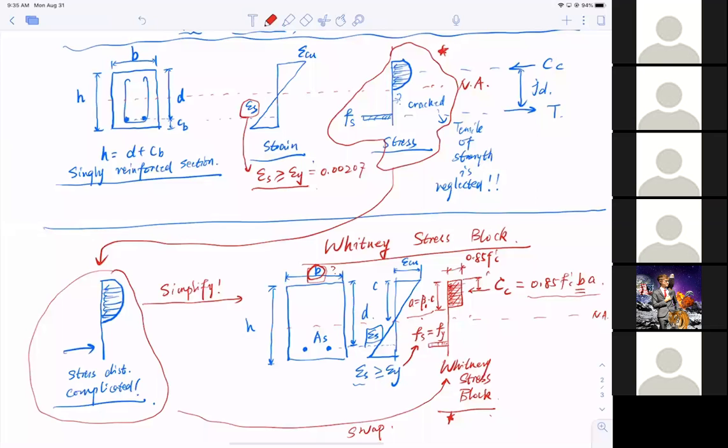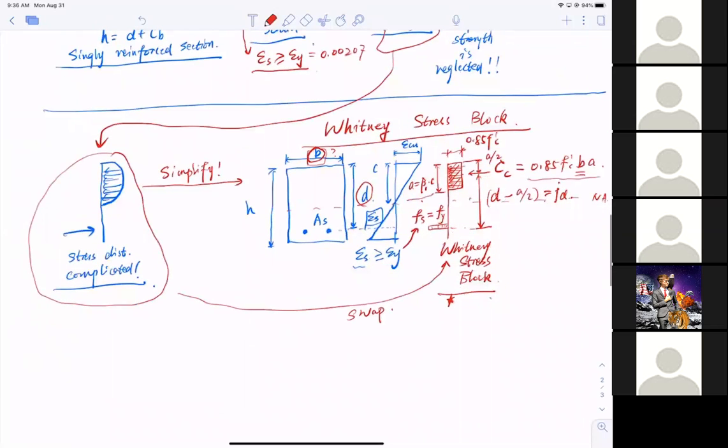Wouldn't it just be A over 2? Okay, so that's the distance. And then the rest of the distance, the distance between the compression and the tension, will be D, remember D here, minus half A. And that is our lever arm, JD here. Okay, all right. So that is essentially it.